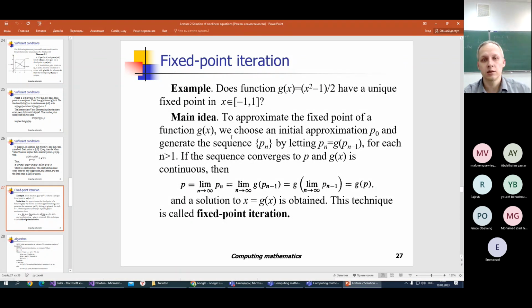Just take the current point and compute the next point Pn as g of Pn minus 1.